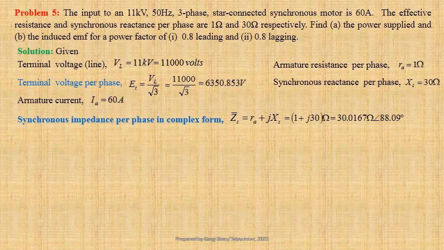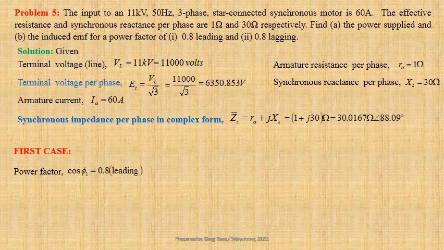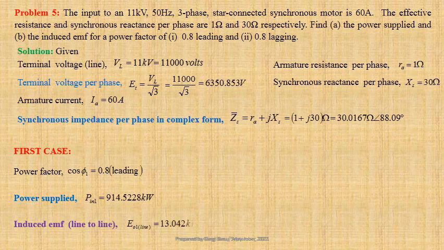Let us summarize the results obtained. First case, when operating power factor cos phi 1 equals 0.8 leading, we have computed power supplied to the motor P in 1 equals 914.5228 kilowatt and line to line induced EMF E01 line equals 13.042 kilovolt.